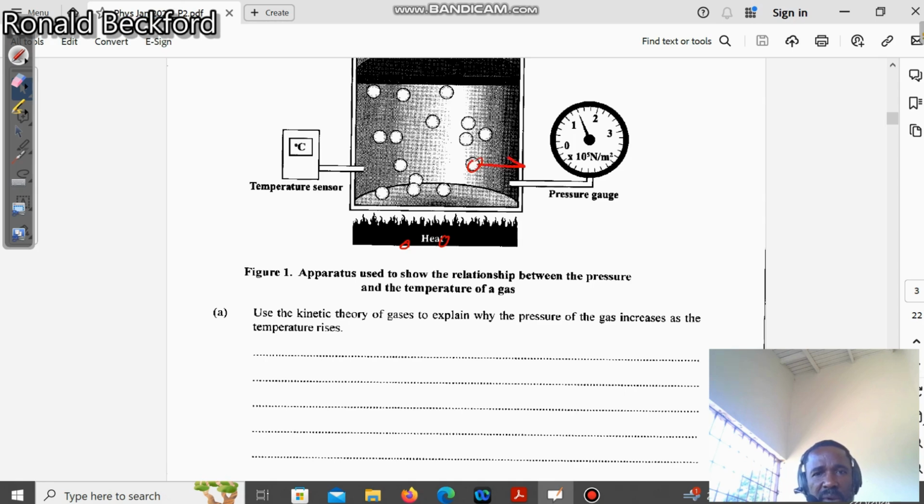Therefore there are more collisions with the walls of the container, and so the pressure will increase.